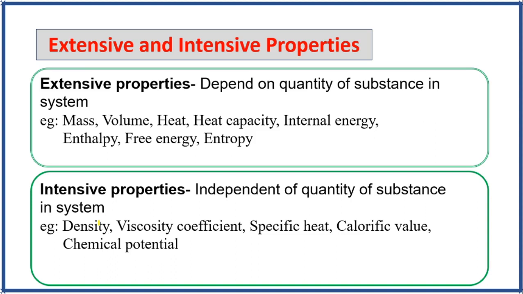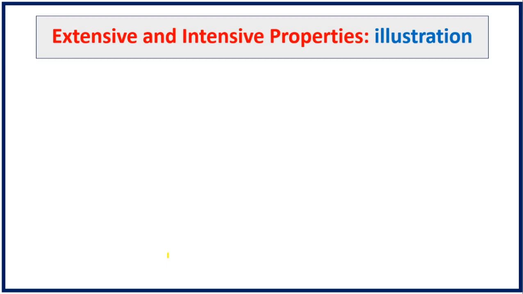So these types of properties like density, viscosity coefficient, specific heat, calorific value, chemical potential. So these things are independent of quantity of substance present in the system and they can be called intensive properties.